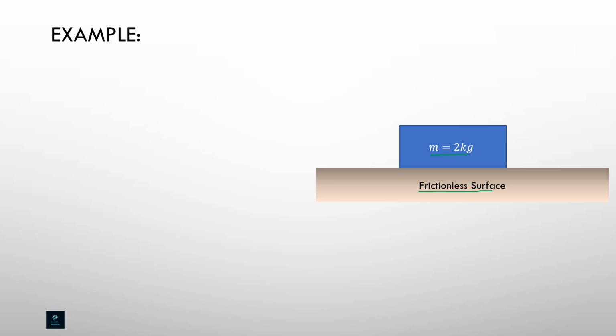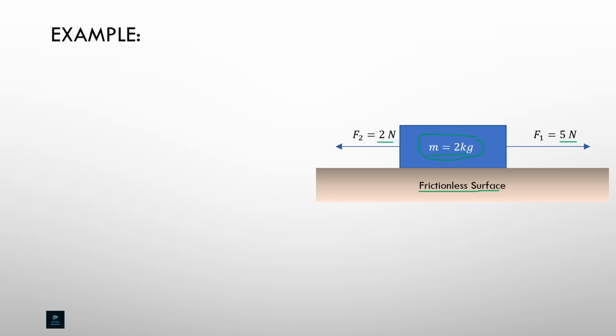For better understanding, we will take an example. Suppose that we have a mass of 2 kg lying on a frictionless surface, and suppose that we apply a force of 5 newtons in the positive x direction and a force of 2 newtons in the negative x direction, and we wish to obtain the acceleration that is produced in this body.